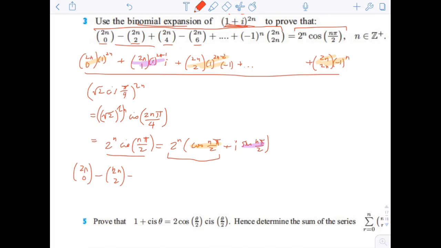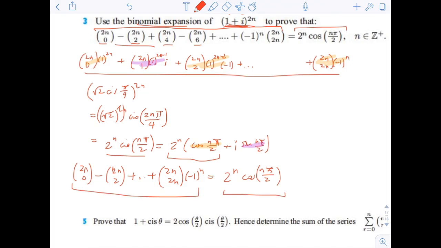Plus dot dot dot all the way to 2n chooses 2n, and negative 1 to the n, and that equals the real part of de Moivre's. So that would be 2^n cosine n pi over 2. So those two are equal to each other because this is the real part of the binomial expansion, and this is the real part of de Moivre's, so they must be equal to each other.